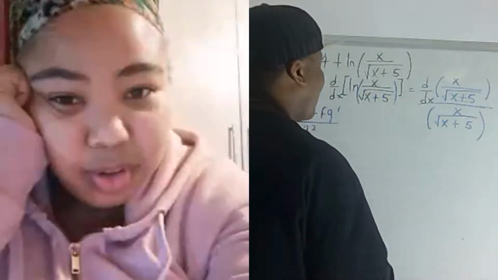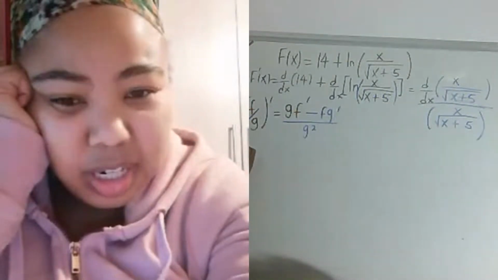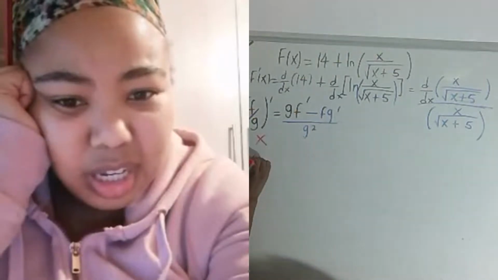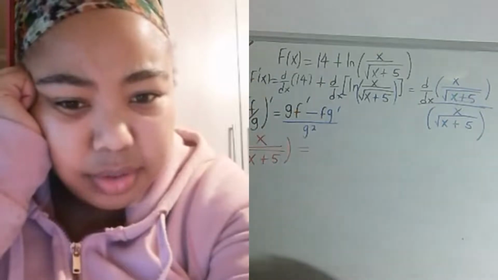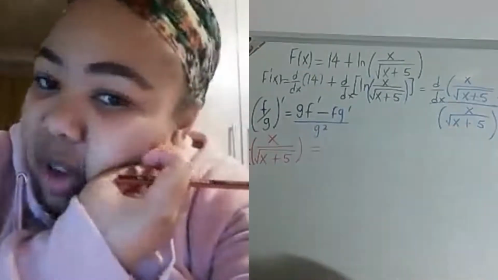So then we're going to say, d/dx of x plus 5 equals, denominator constant. What is our denominator? The denominator is the square root of x plus 5.